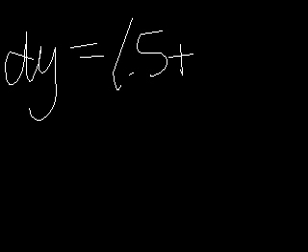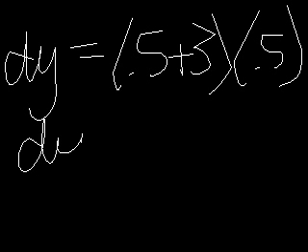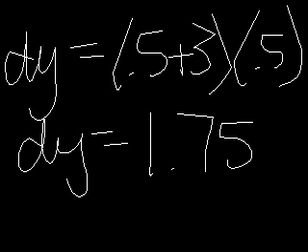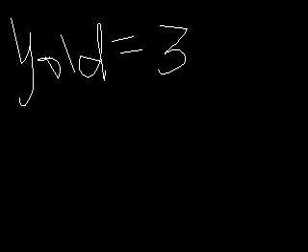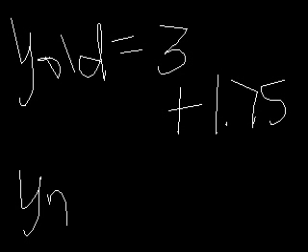So then plugging in for dy those new values, dy equals (0.5 plus 3) times 0.5, again it's constant, so dy equals 3.5 times 0.5, which is 1.75. Okay? So that means that your y old was equal to 3, and you add 1.75, so your y new equals 4.75.